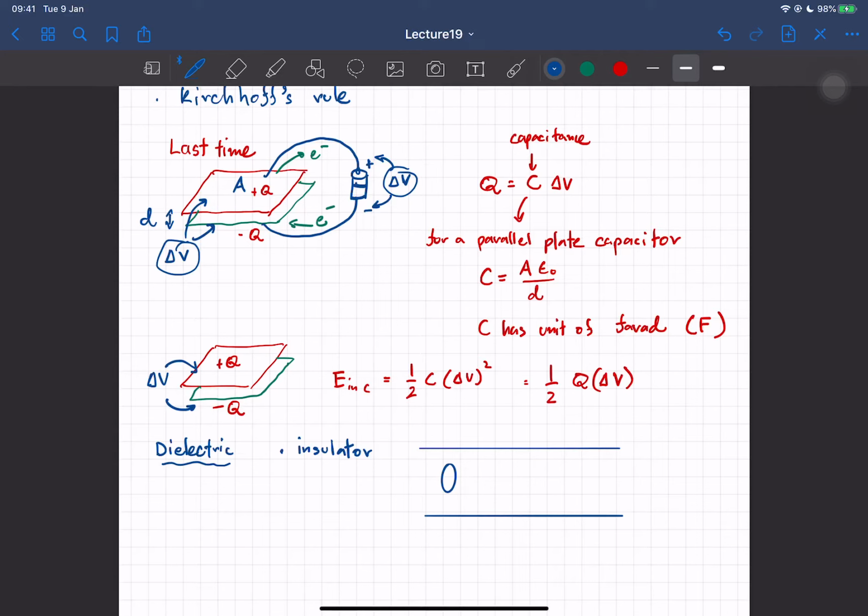A dipole is a molecule where positive charge and negative charge are at different ends. The reason we call it a dielectric is that it's a material which consists of many dipoles like this. So you have a lot of them, plus, minus, and in the normal configuration, these dipoles will orient in a totally random way.